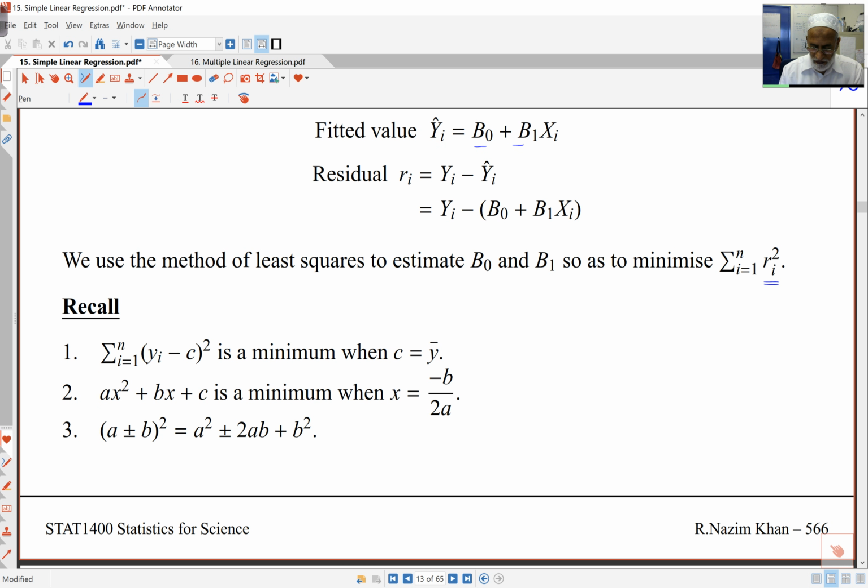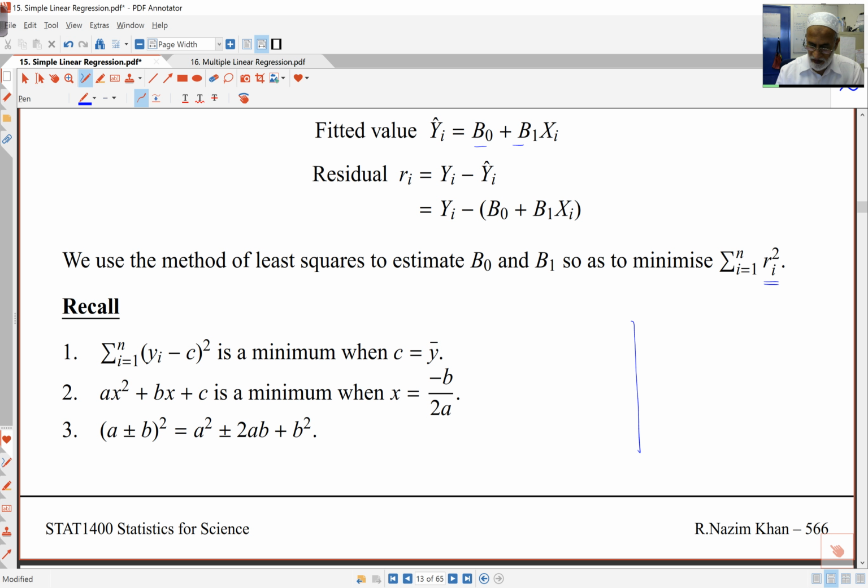The first is we know from our earlier work on the numerical sums of data and summation notation that the sum of yi minus c squared is a minimum when the c is actually the mean of the y's. And the second is if I've got ax squared plus bx plus c, where a is positive in this case, so it's a parabola, the minimum occurs when x is negative b on 2a.